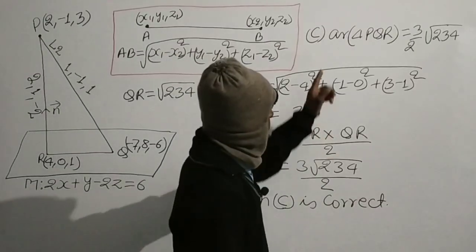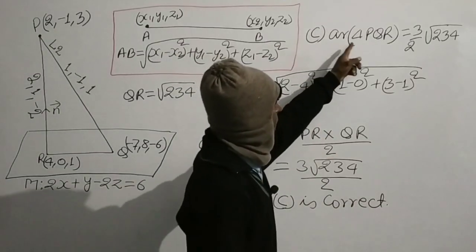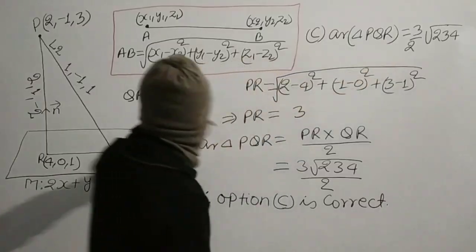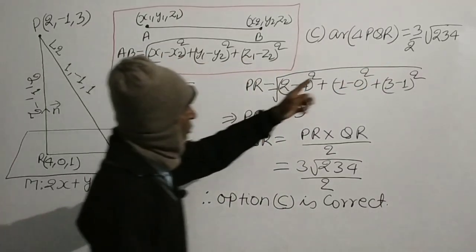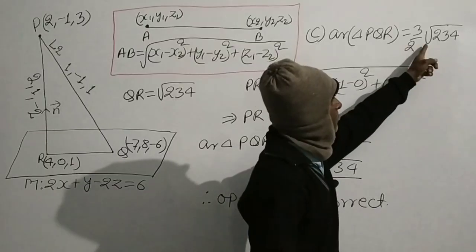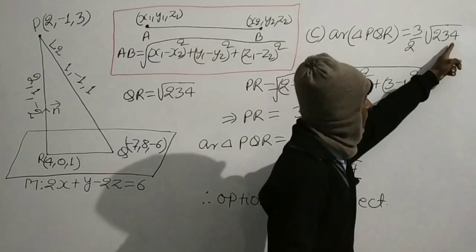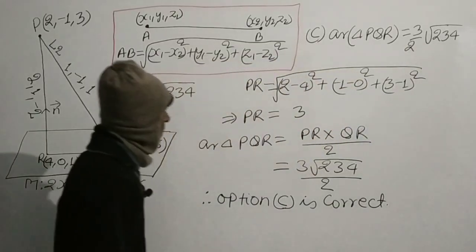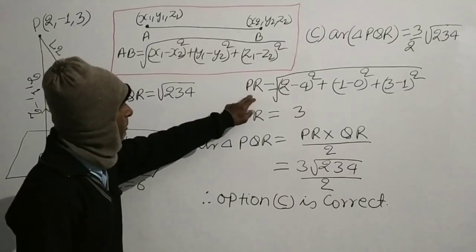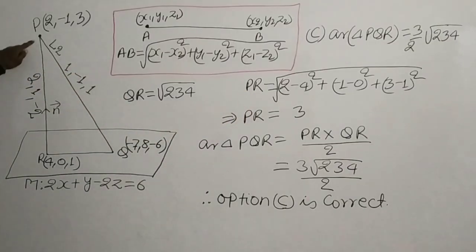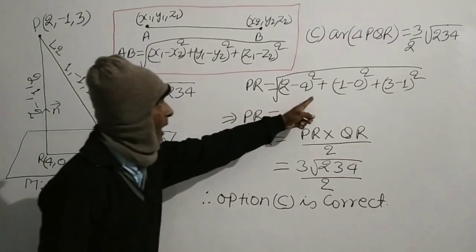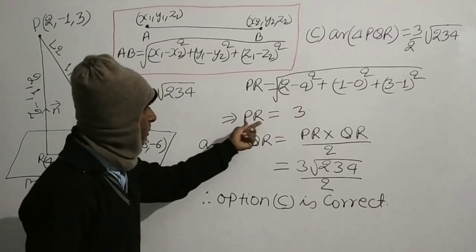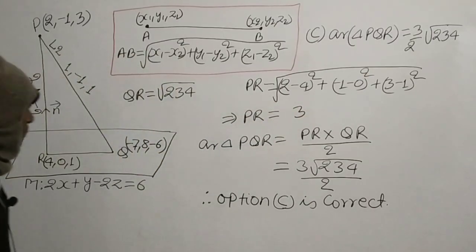In option C, it is said that area of triangle PQR is equal to 3/2 times root under 234. First we find PR. By using this distance formula we find that PR is equal to 3.